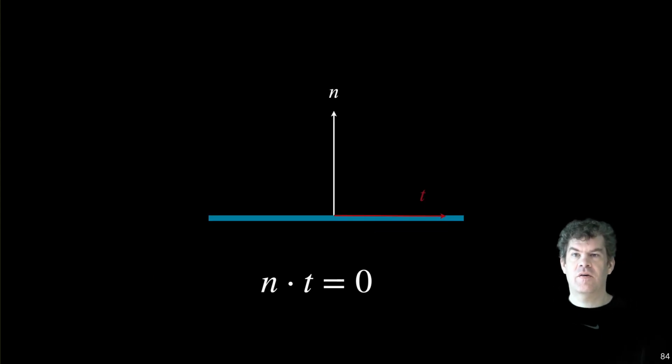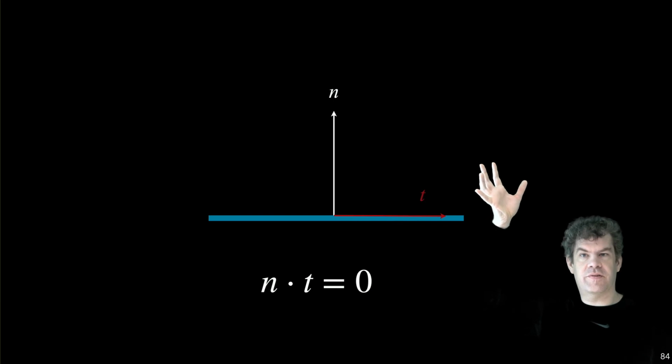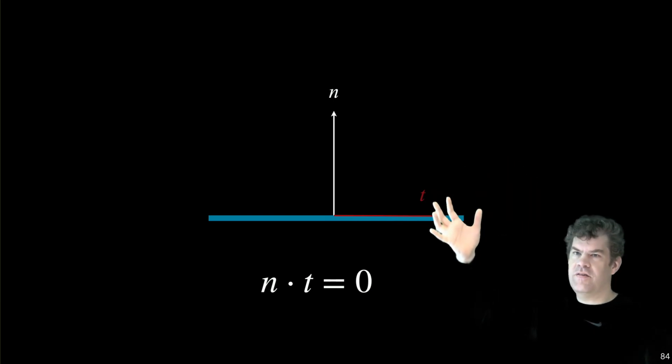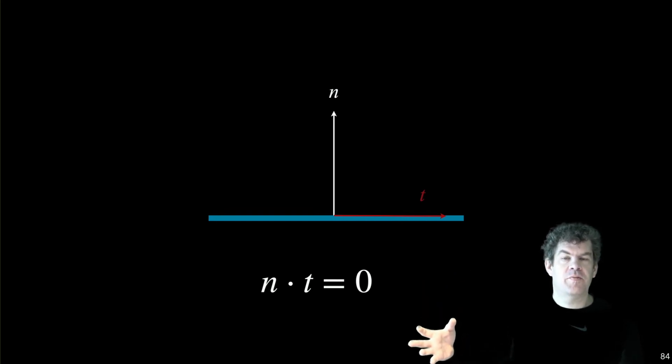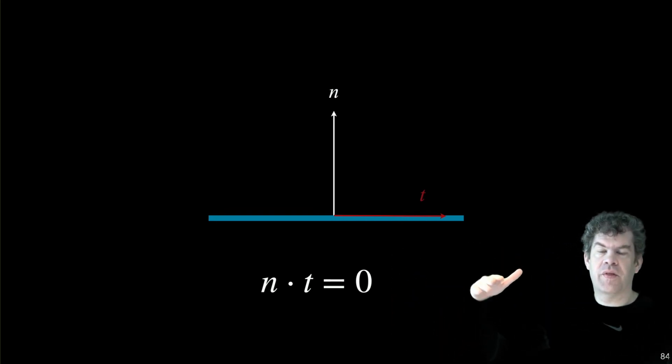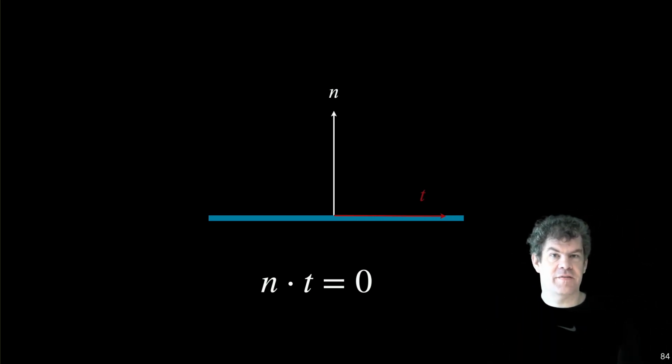So what is a normal again? A normal is the thing that's perpendicular to a surface. What does it mean to be perpendicular to a surface? It means that the angle between any vector in the surface and that normal vector should be 90 degrees. Or in other words, the dot product should be 0. That's the same thing.